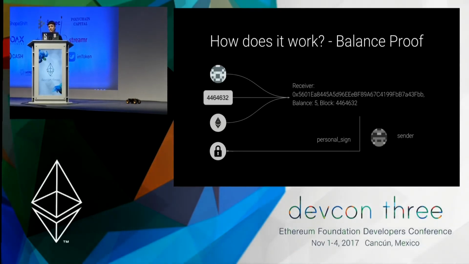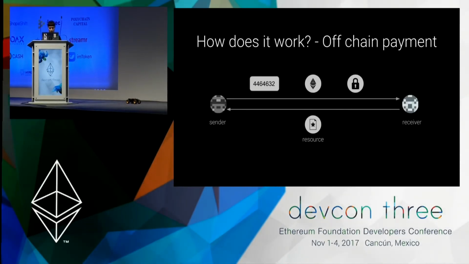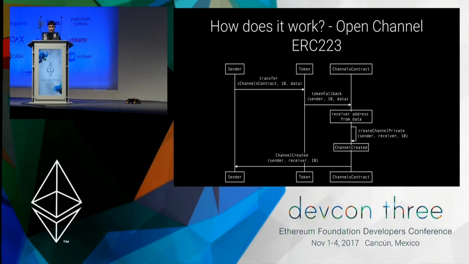What is the last balance proof? It's basically a message signed by the sender, which contains the current balance, the block number, and the receiver's address. The micropayment works like this. The sender sends all this data along with his signature to the receiver. The receiver provides the resource and also saves this signed balance proof.